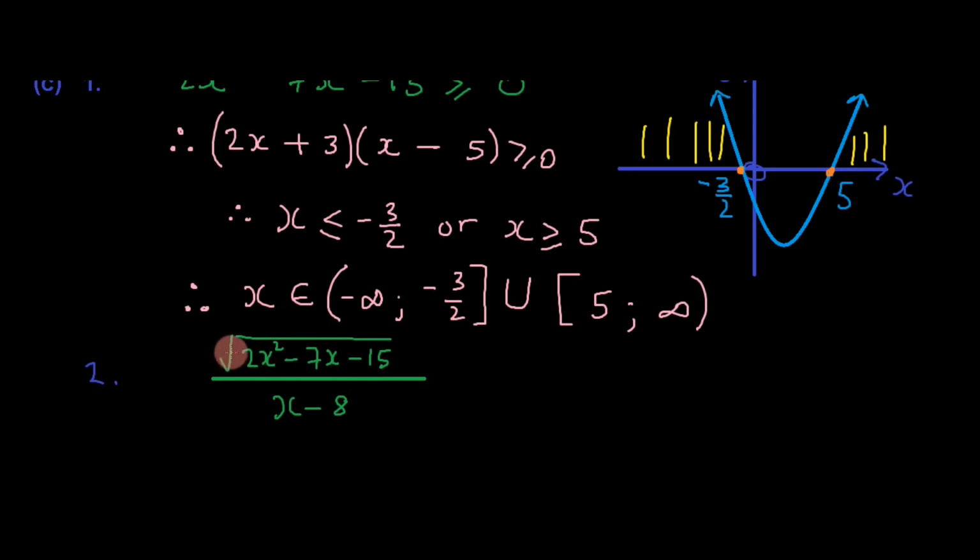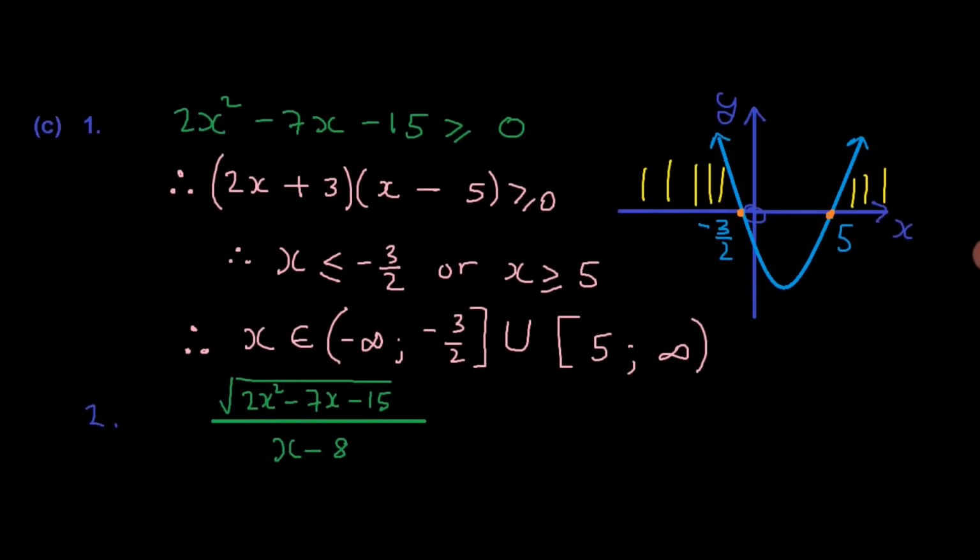We said whatever's under the square root must be greater than or equal to 0. We already solved this inequality: 2x squared minus 7x minus 15 is greater than or equal to 0. We saw that for x values greater than or equal to 5, or less than or equal to negative 3 over 2, the left-hand side of this inequality will be positive.